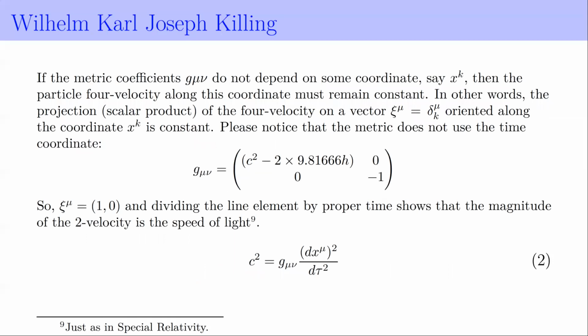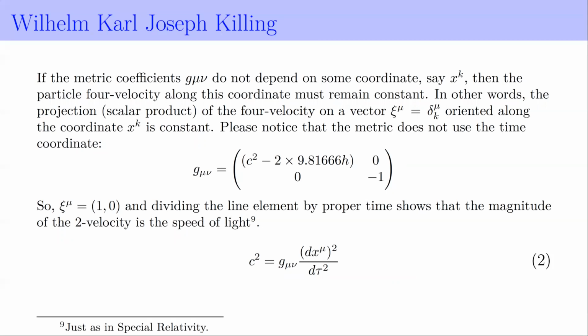Now, if the metric coefficients g sub mu nu, not g mu nu, do not depend on any coordinate, say x k, then the four-velocity component for that coordinate has to be a constant.